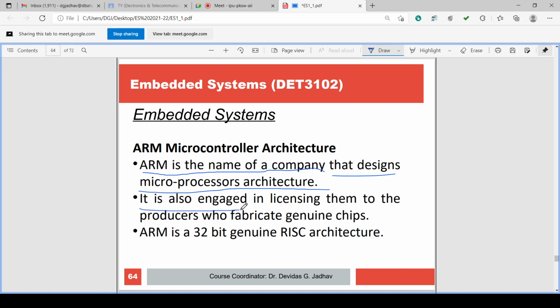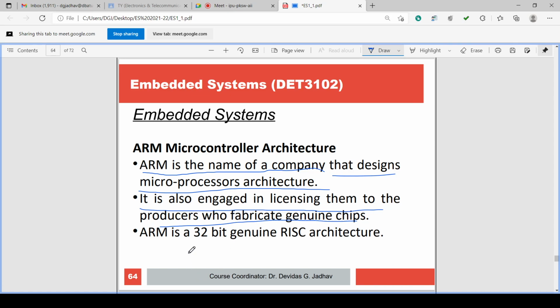It is also engaged in licensing them to the producers who fabricate genuine chips. Some other fabricators or producers of the chip are producing genuine chips, and ARM can license them to produce the chips.